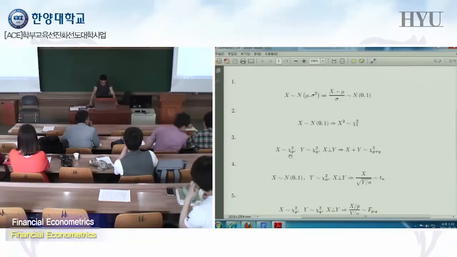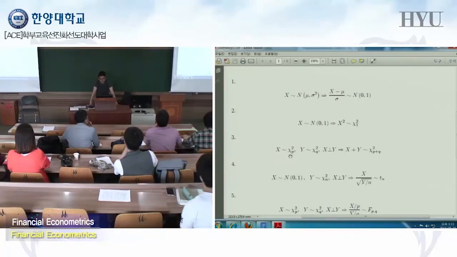Then x plus y should follow a chi-square distribution with degrees of freedom P plus Q. If we combine 2 and 3, it means that if we add n independent squares of standard normal variables, it should follow a chi-square distribution with degrees of freedom n.